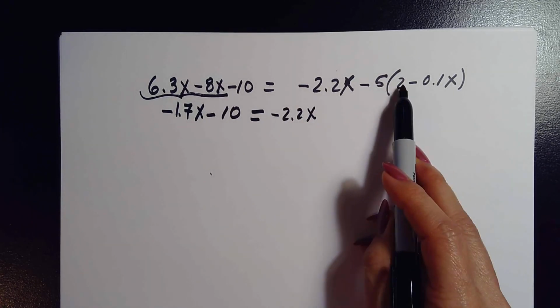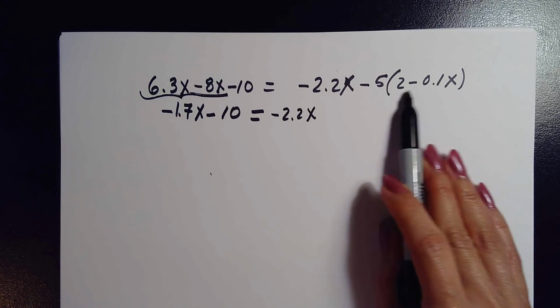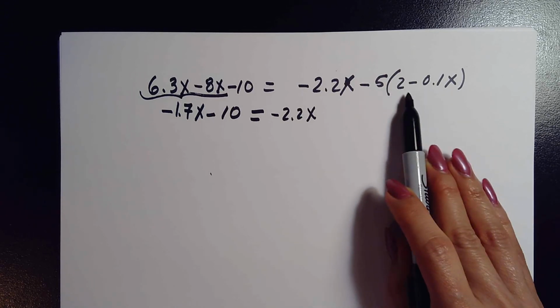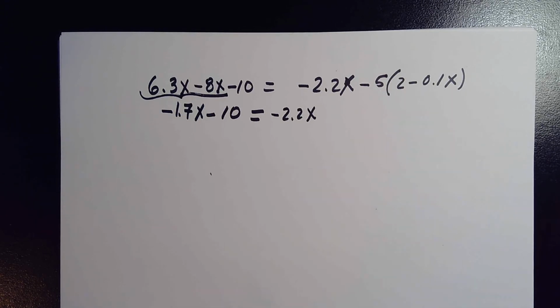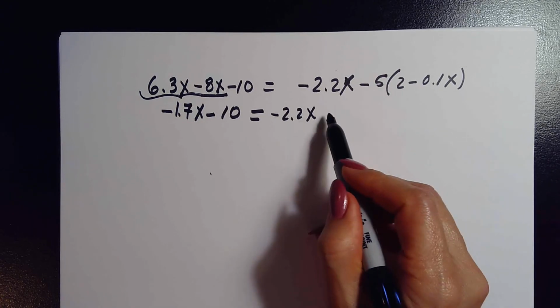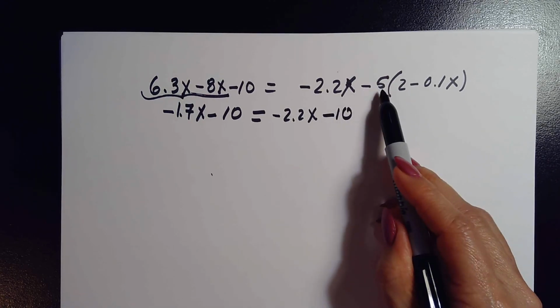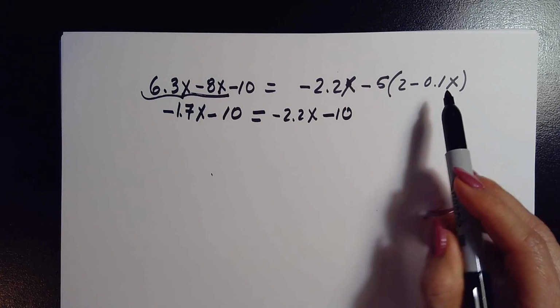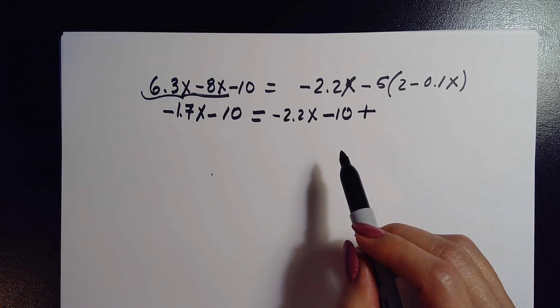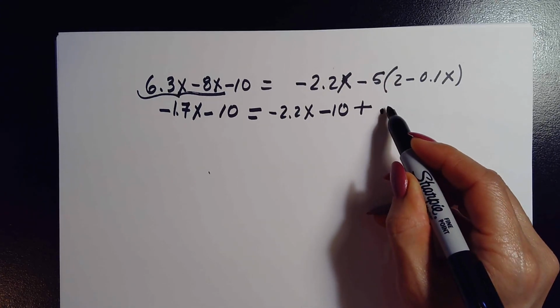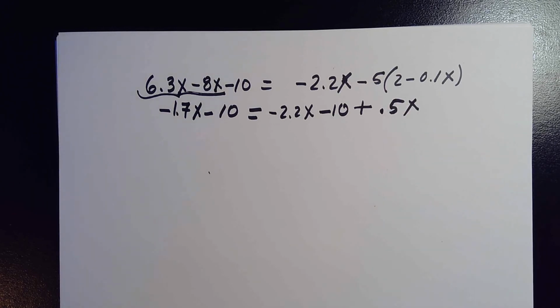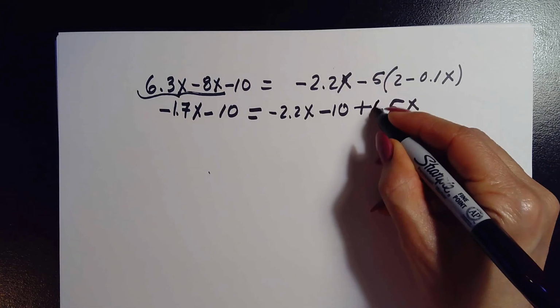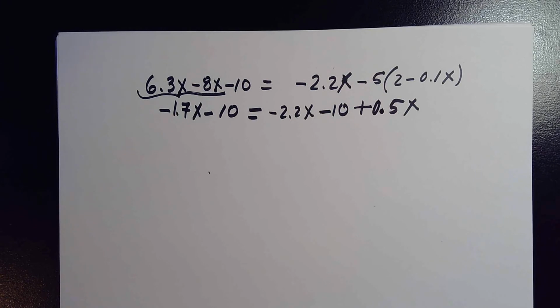Again, negative 5 times 2. We need to get these terms out of the parentheses, so we multiply each term inside the parentheses by negative 5. Negative 5 times 2 equals negative 10. Negative 5 times negative 0.1x is a positive 0.5x, correct? Last time I wrote 0.5. They're both correct.